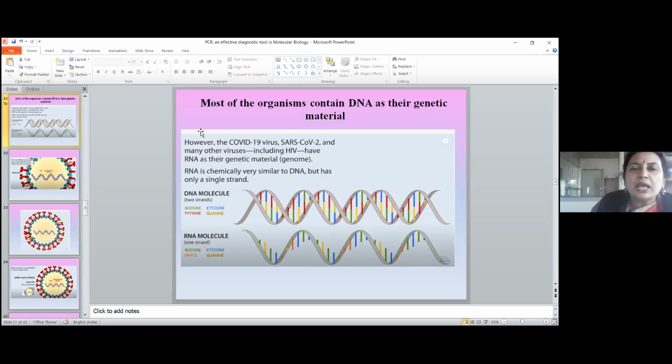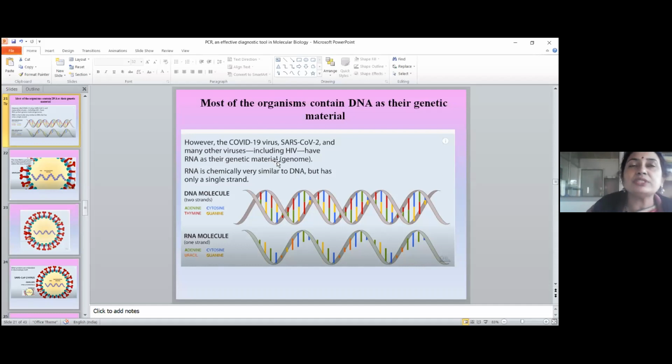So most of the organisms contain DNA as their genetic material. However, the COVID-19 virus, SARS-CoV virus, or other viruses like HIV have RNA as their genetic material. So if you have viral particles in the sample, they contain RNA. They do not contain DNA.